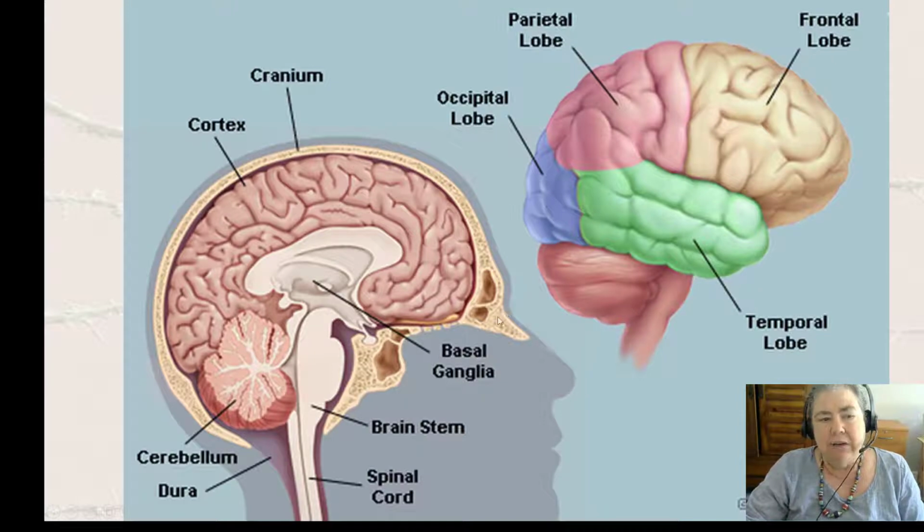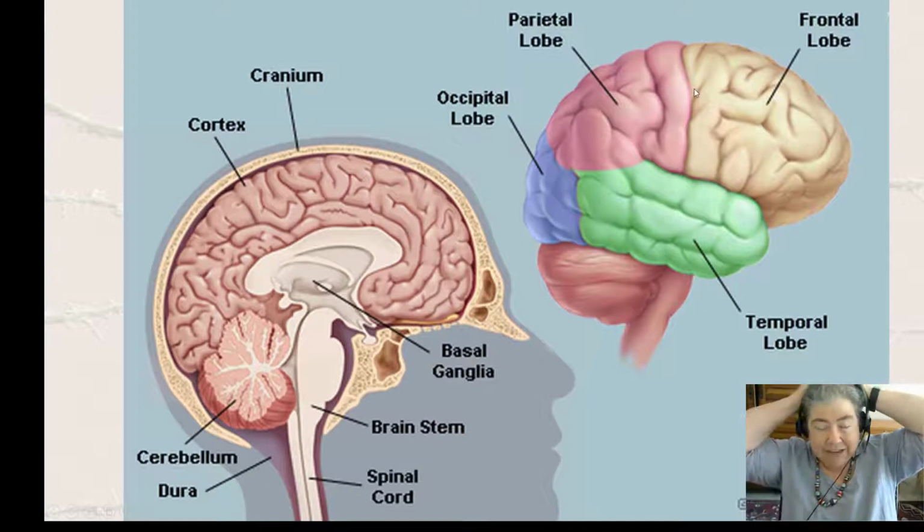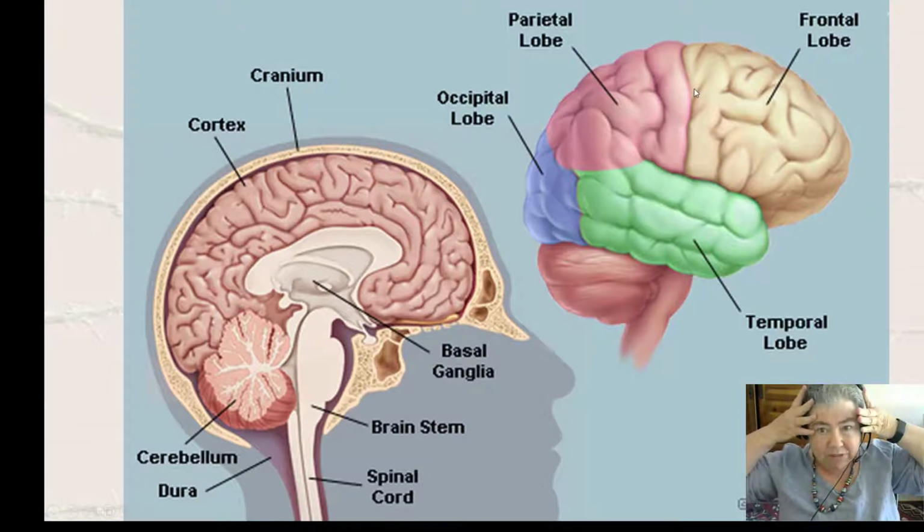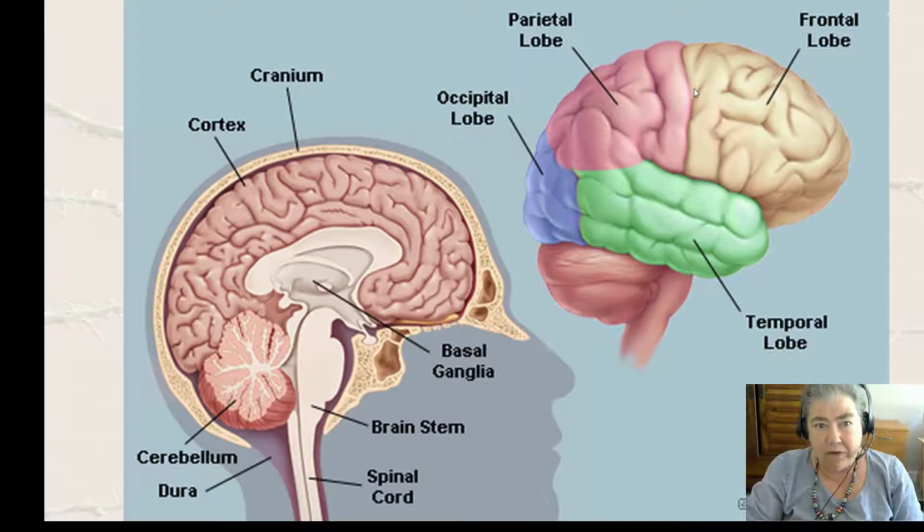The frontal lobe is sitting kind of behind the frontal sinuses, behind the eyeballs. The parietal lobe is kind of on top and the sides. The temporal lobe is inferior to the frontal and parietal lobes. The occipital lobe is here in the back.